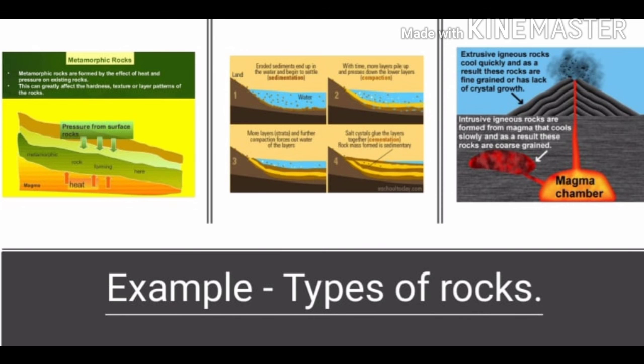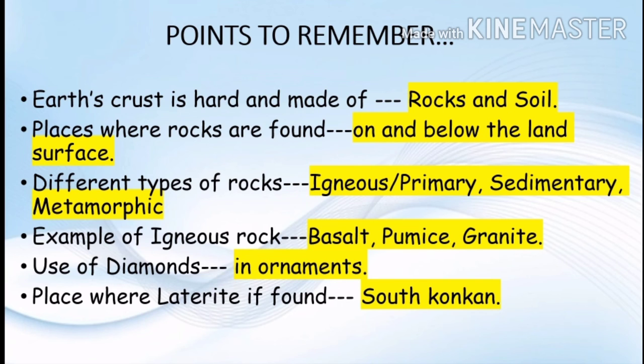Dear students, we have studied today igneous rocks, which are called primary rocks. We have studied sedimentary rocks, and from the combination of igneous and sedimentary rocks we get metamorphic rocks. Now students, let's try to recollect the lesson.